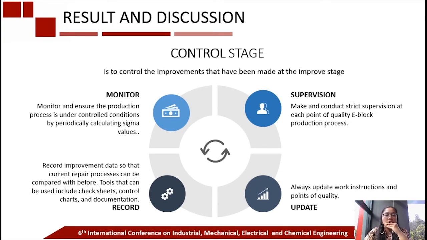And then always record the improvement data so that the current repair process can be compared with before, so we know the improvement after we implement this Six Sigma improvement. And then tools that can be used include check sheets, control charts, and documentation. And last is to always update work instructions and points of quality.